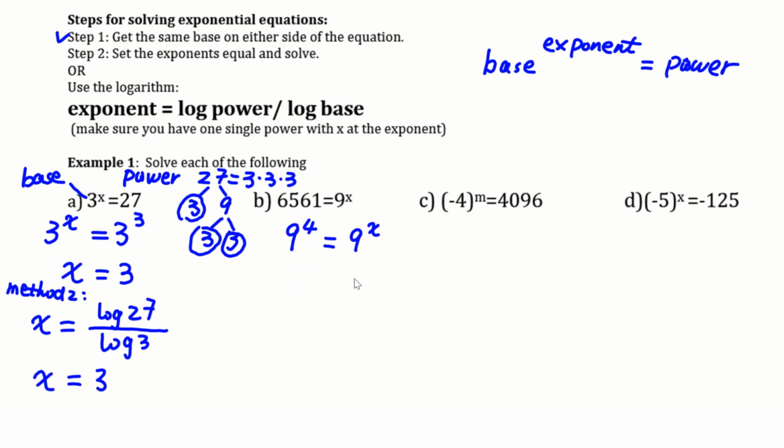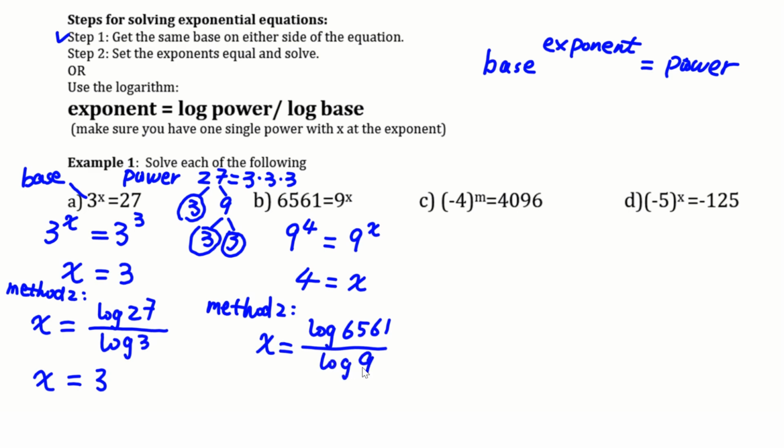Then the same base, the powers equal, and the exponents will be equal. So drop the base, x equals 4. Or you could use a second method to use a log to do it. So the exponent is x equals log power 6,561 divided by log 9.